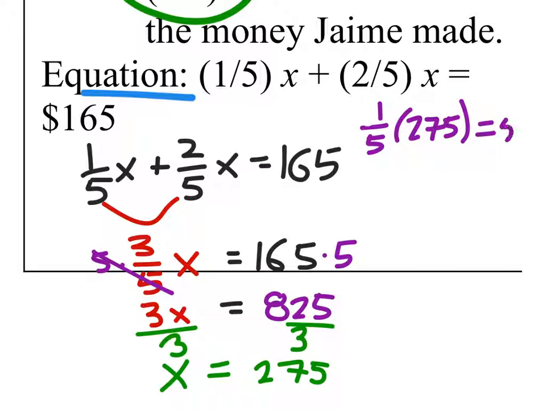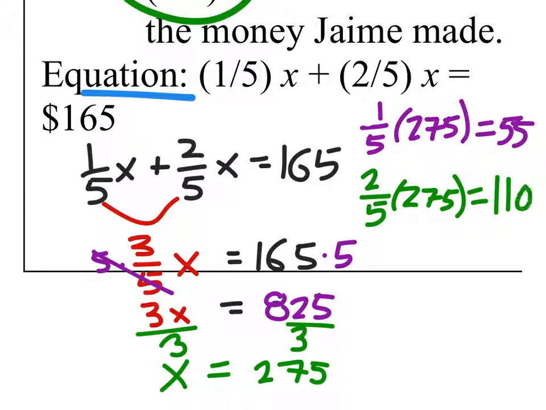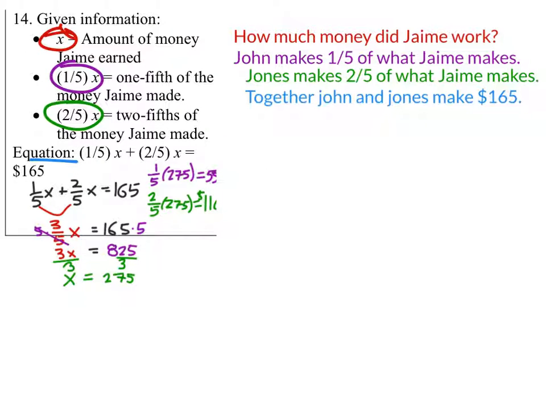1/5. That's $55 right there. And then we got the other buddy, Jones, who was 2/5 of the 275, which should be $110 for these guys. All right, so let's write these out in sentences. Jaime makes, what was it, 275? 275.